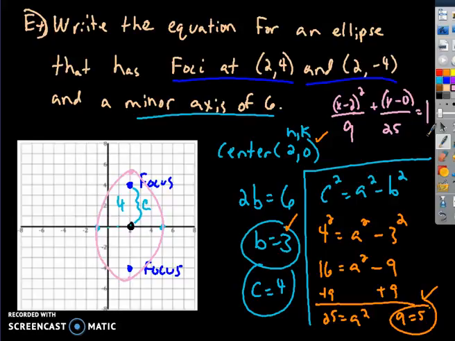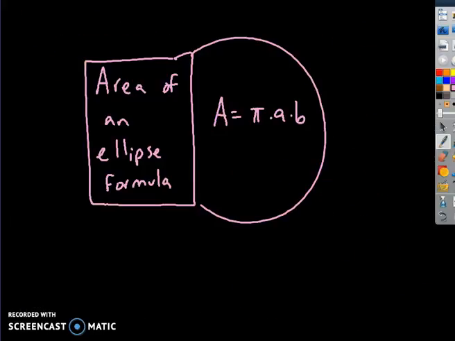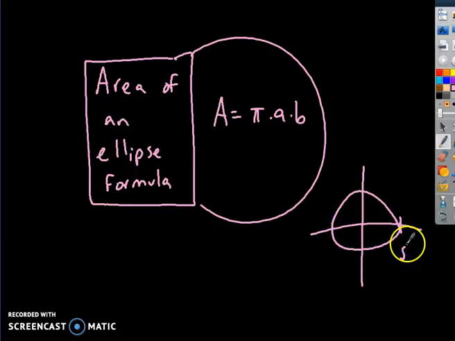One last topic to talk about in this area of ellipse. I'm going to give you one last note. Area of an ellipse formula: pi times a times b. Pretty easy stuff. If I gave you an ellipse, and I said it went out to say 5 in this direction, and it went out to say 4 in that direction, I know that my a value is 5 and my b value is 4.